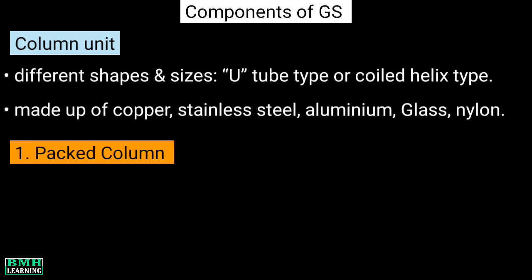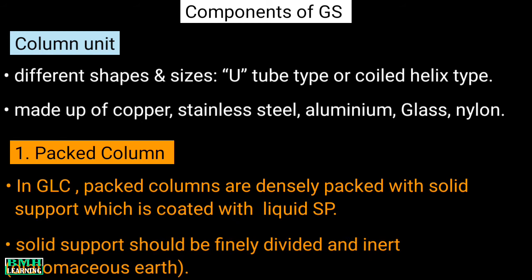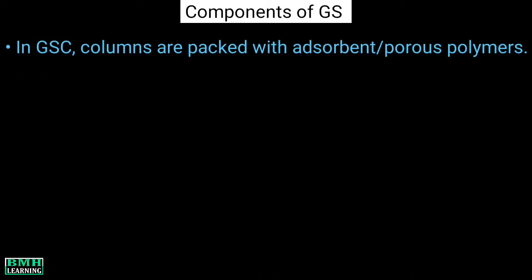First is packed columns. In gas-liquid chromatography, packed columns are densely packed with solid support which is coated with liquid stationary phase. The solid support should be finely divided and inert, and that's mainly provided by diatomite. Talking about gas-solid chromatography, the columns are packed with adsorbents or porous polymers.